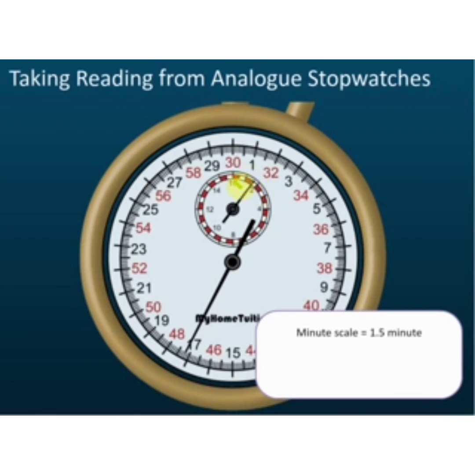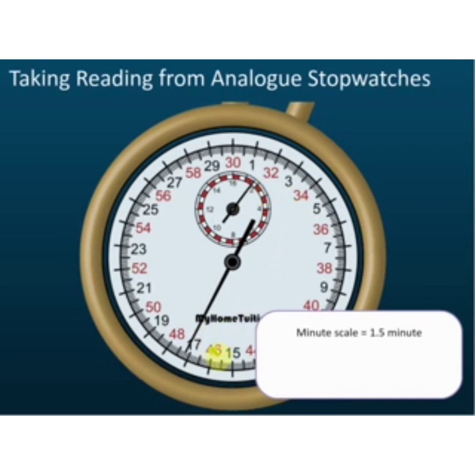Start from here: 0, 0.5, 1, 1.5. This is slightly higher than 1.5. So the minute scale shows 1.5 minutes, not 1. Because students think, oh, this is 0, this is 1, so this is 1 minute. That's not correct. We have 0, 0.5, 1, 1.5. So the minute scale shows 1.5.